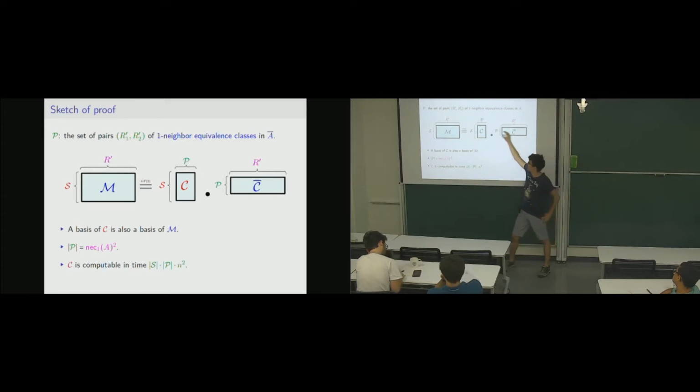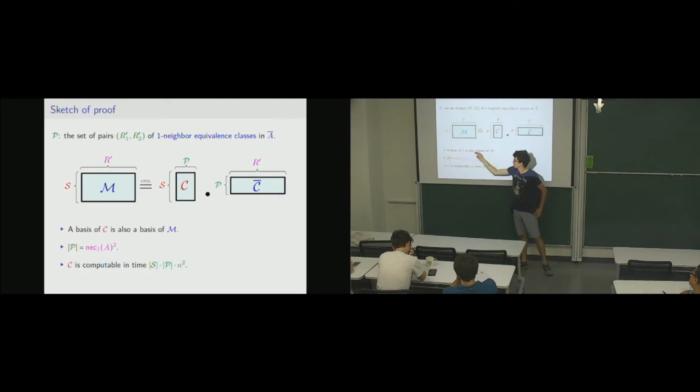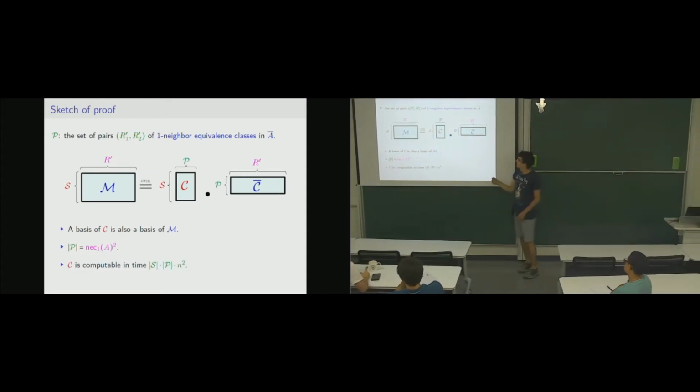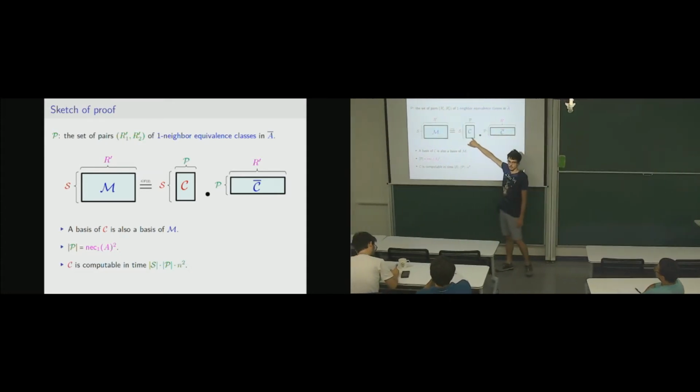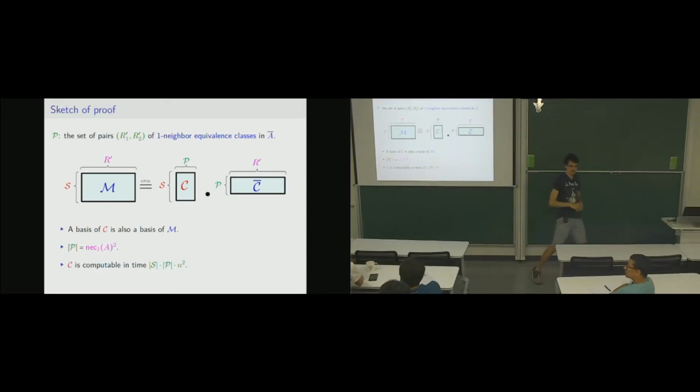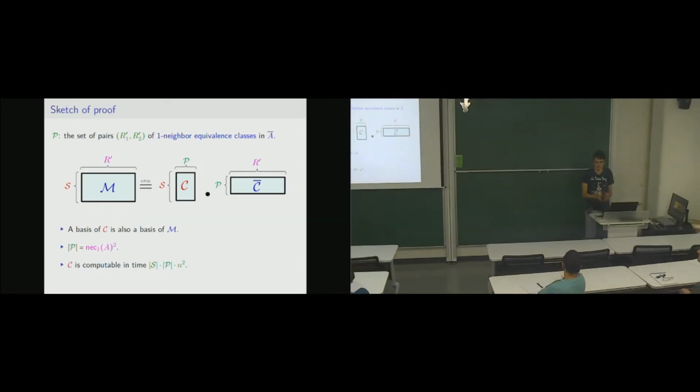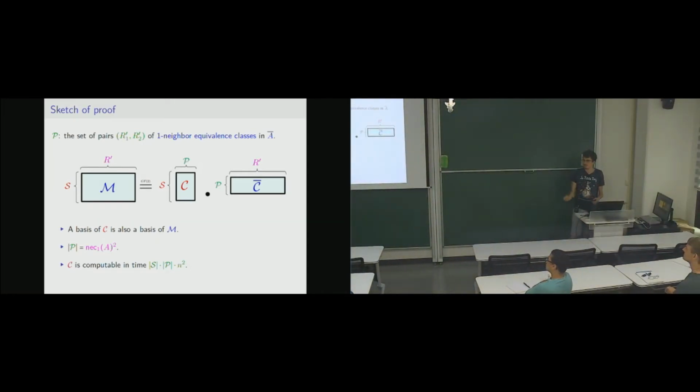Because of this equality, a basis of C is also a basis of M. And because the size of P is small, it is n squared, the rank of this matrix is small, and so the size of the basis is small. And because this matrix is also small, we can compute it in this time. So we can compute a basis of C, and this is the representative set we want.